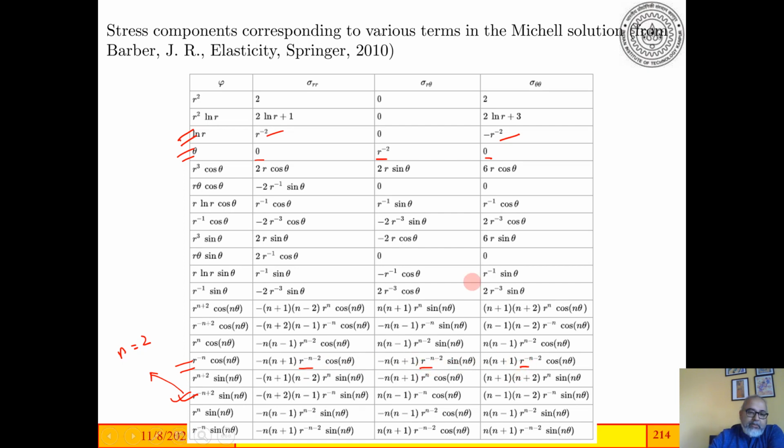There may be other terms that go to 0 as r tends to infinity, but we are going to include these 4. So there is a limit to the number of terms that we can figure out. I'll come to that in a moment. So we have chosen 4: one is log r, one is just theta, one is 1 by r square cos 2 theta, and the other is r to the power 0 sine 2 theta.